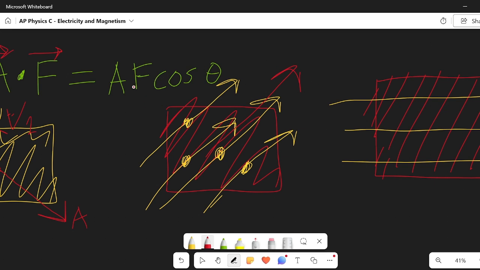So in this case, the flux is simply the amount of area multiplied by the amount F, or the vector field, which is essentially the number of these bullets that are going through. And this should make sense, because the larger the area of the surface, the more bullets can shoot through it, and the more bullets will actually pierce through.